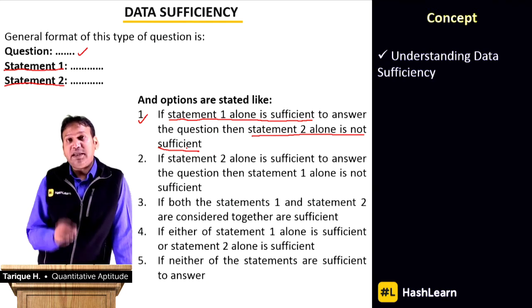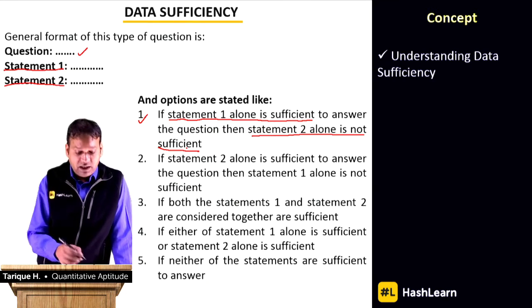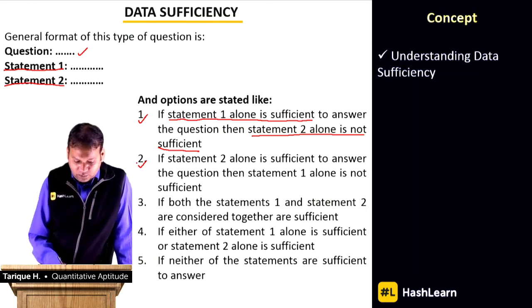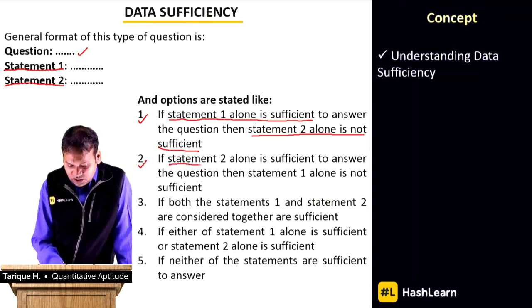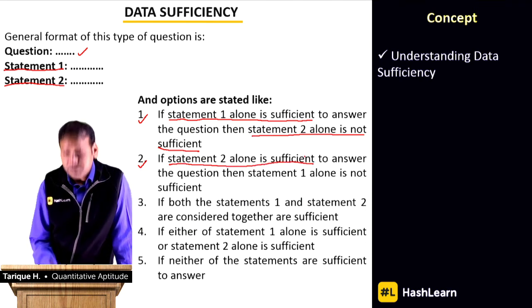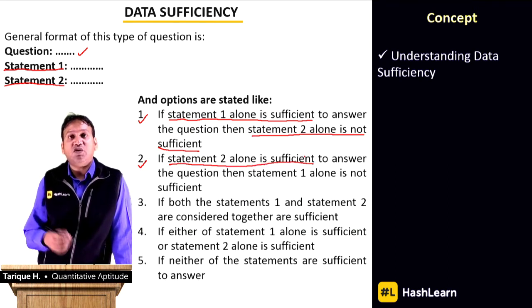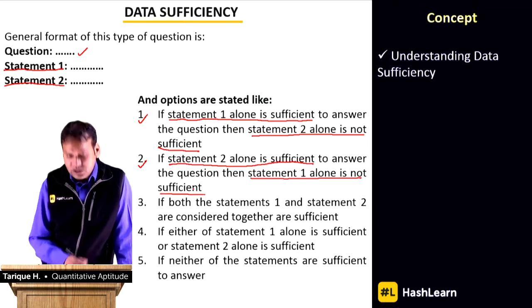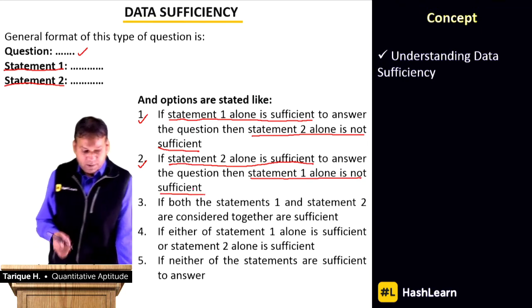If that is our decision, then we'll mark the answer as 1. If on the other hand the question can be solved from statement 2 alone, we can solve the question from the data provided in statement 2, but we cannot solve it from statement 1 alone, then the answer would be 2, or sometimes it's answer option B in the paper.